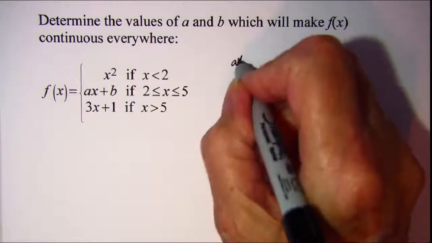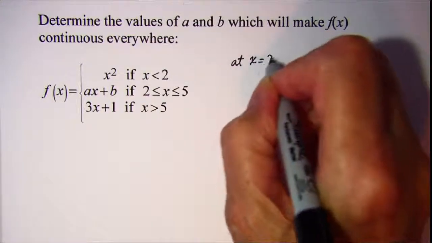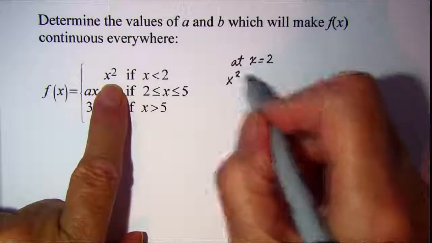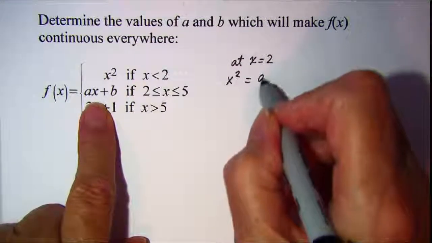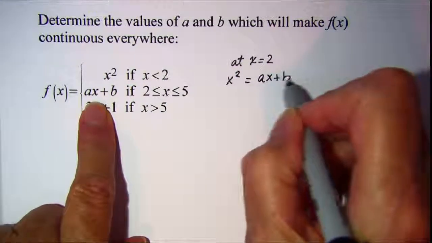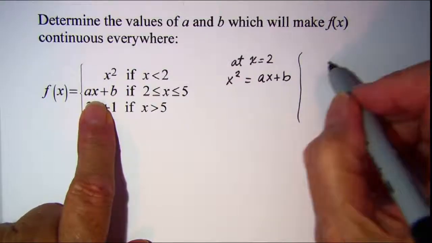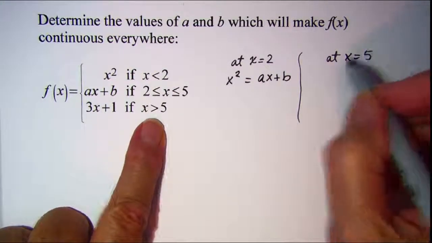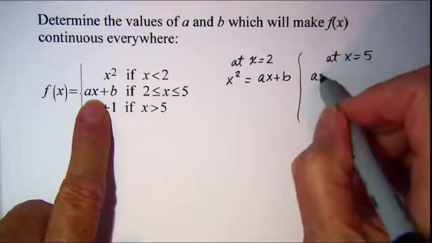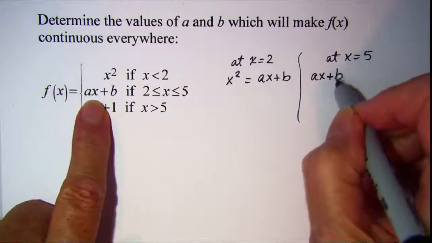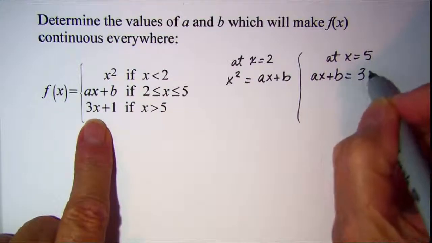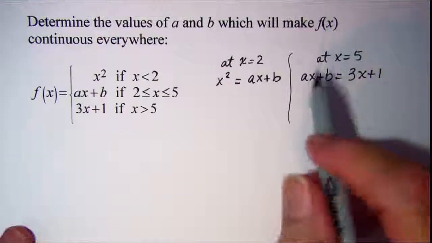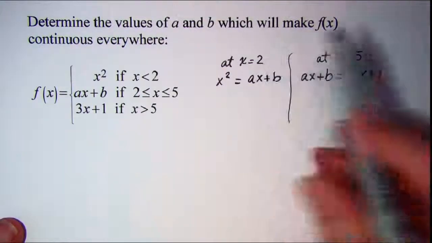At x equal 2, we have x squared equaling ax plus b, and then at x equal 5, we have ax plus b equaling 3x plus 1. So basically we'll be doing the same thing. We'll sub in our numbers.